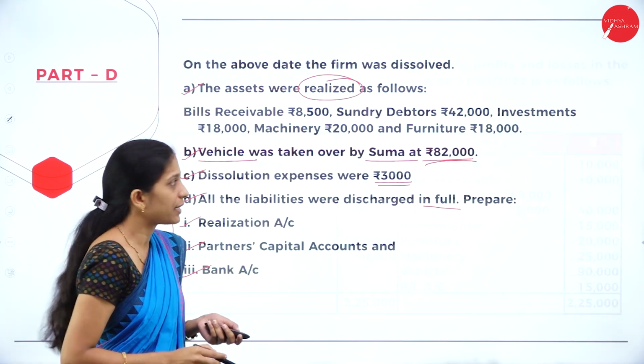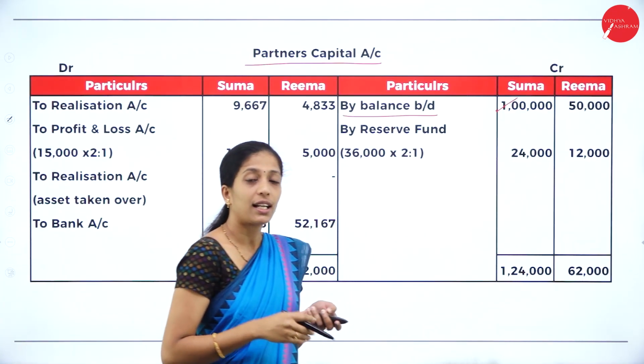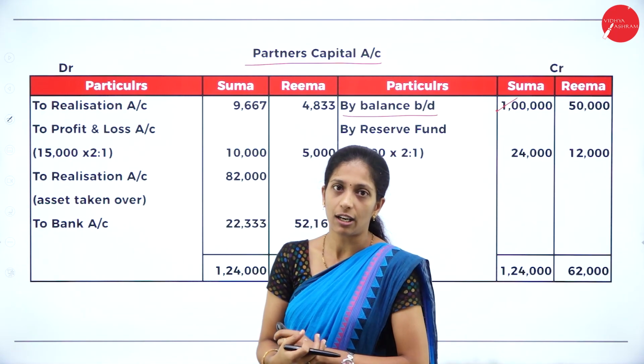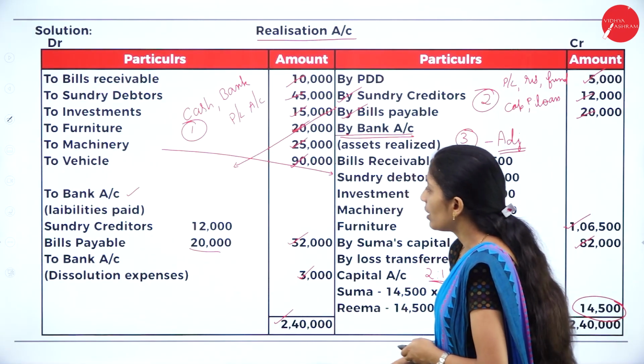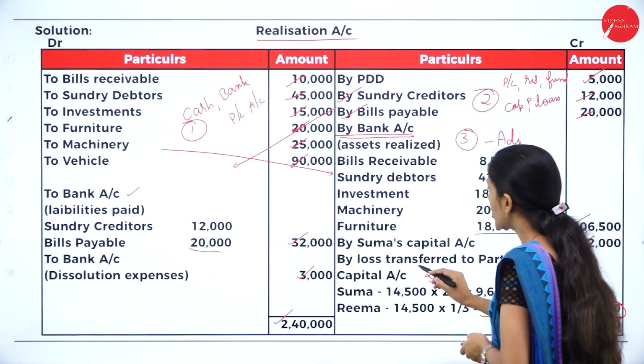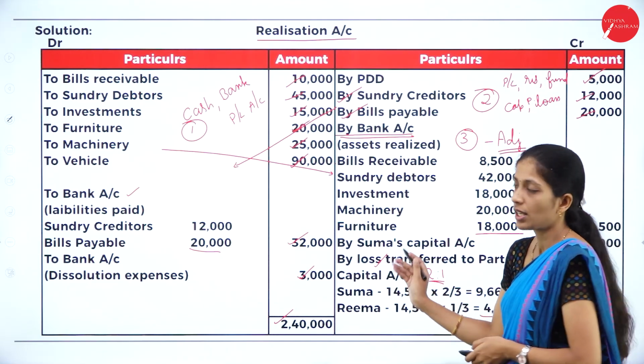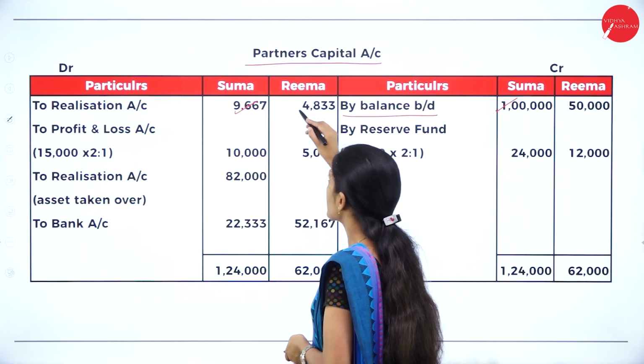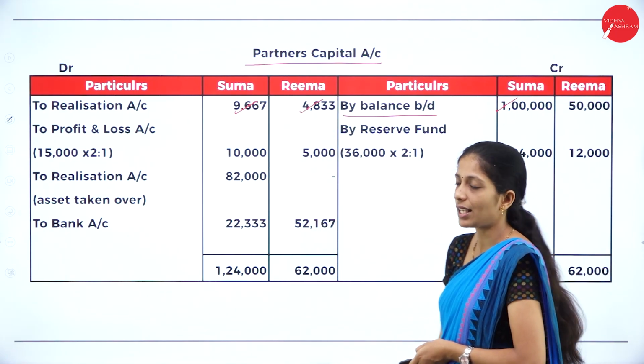Yes, 1,50,000. Next, the second step is what? Under admission and retirement, bringing the revaluation account balance, but here we'll bring the realization account balance. So here it is a loss, so it comes under the debit side. To realization account 9,667 and 4,833.